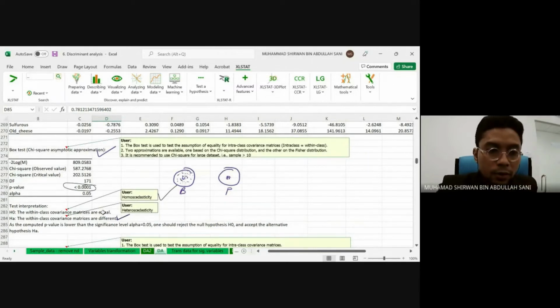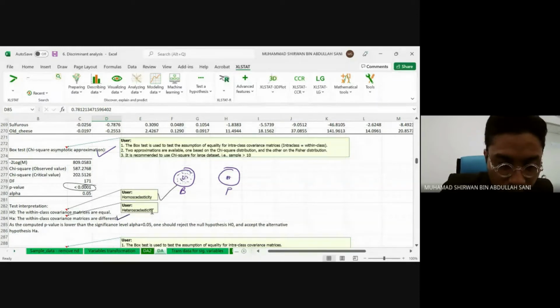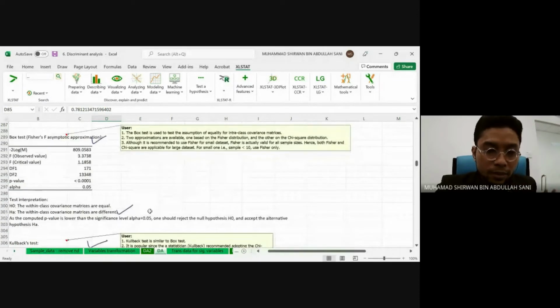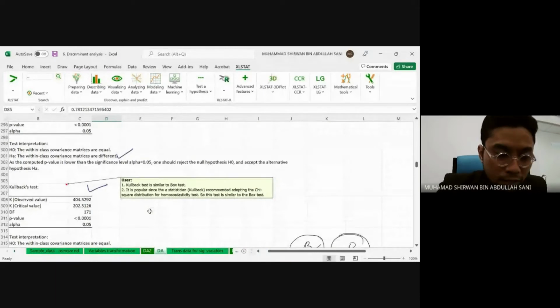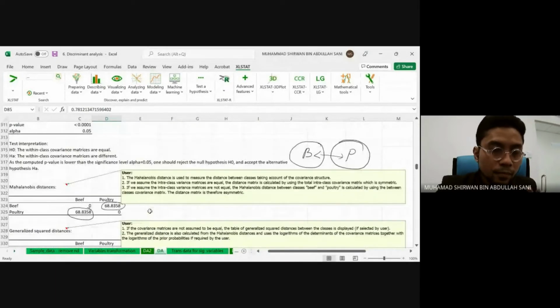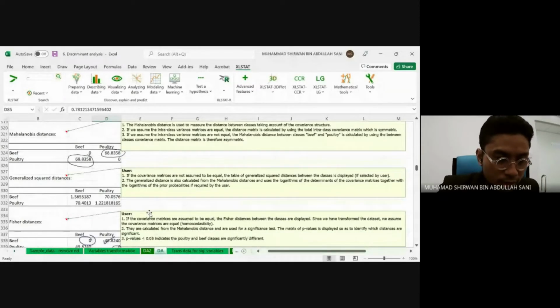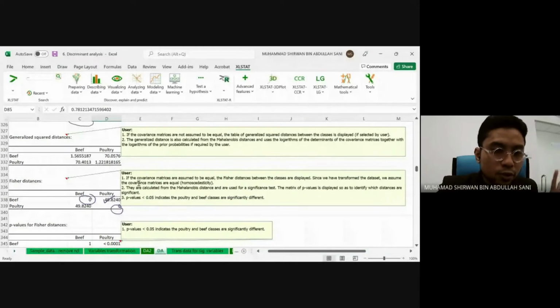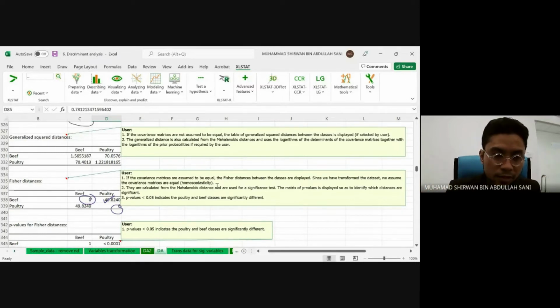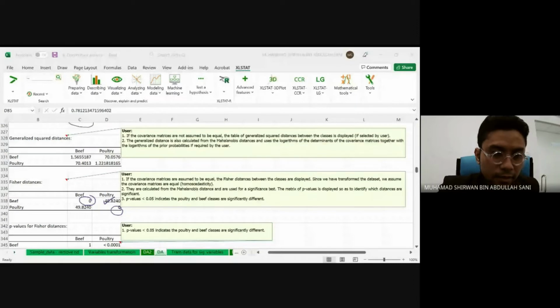However, our data still shows heteroscedasticity. But as we said previously, by treating it, we have tried to make it closer to a normal distribution. So in this case, we have to use the Fisher distance to cover homoscedasticity as our assumption. They are calculated from the Mahalanobis distance and are used for the significance test.